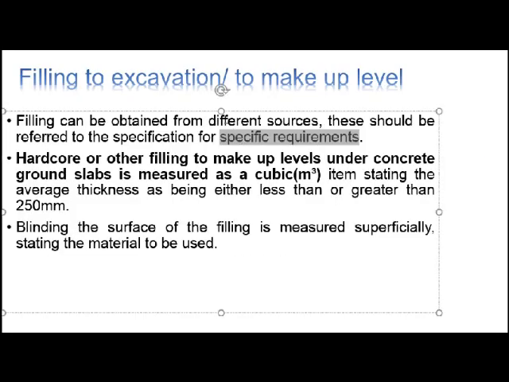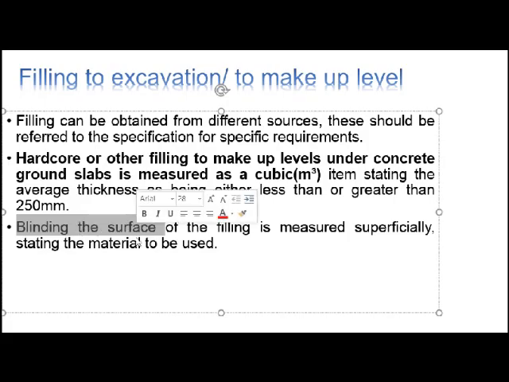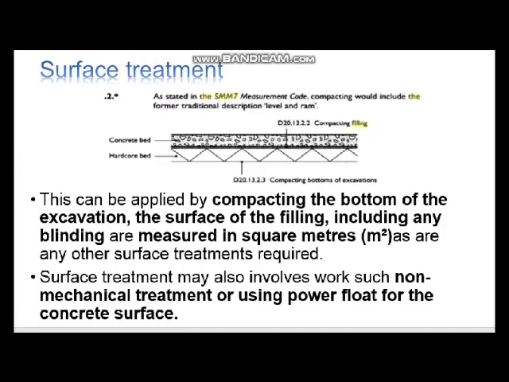So why is it important? Because it has different prices. Normally for hardcore filling under the concrete slab, you state the thickness as either less than or greater than 250 mm. And sometimes above the hardcore filling, you might want to put a blinding. Blinding is made of cement mortar to make it a bit smoother.